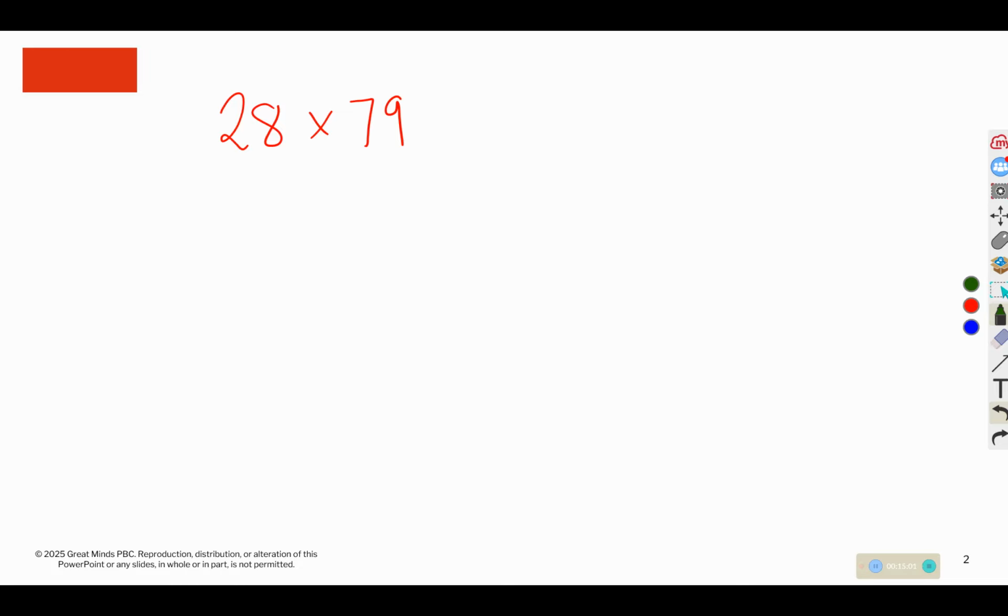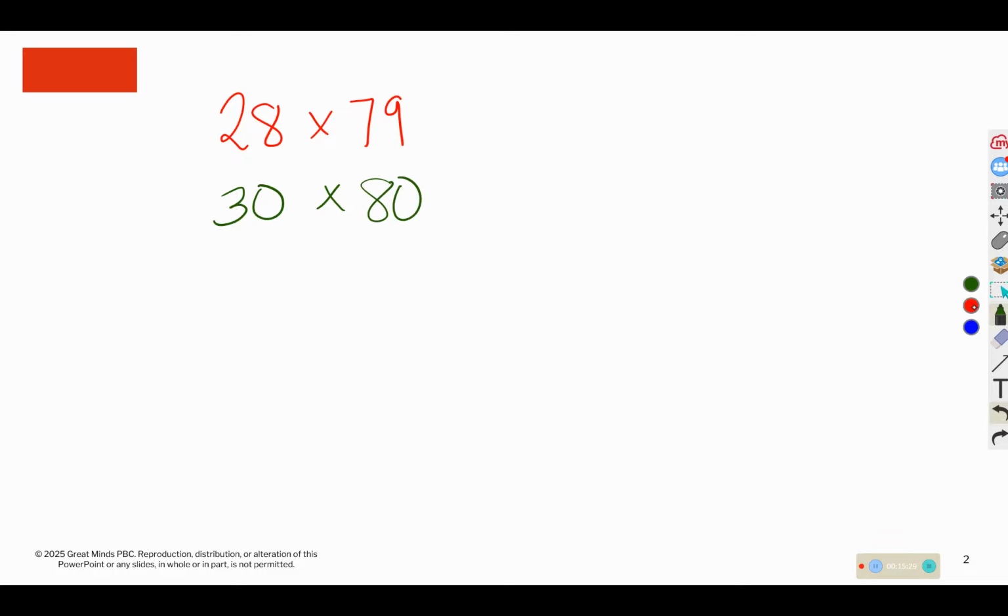So instead of using 28 and 79, we could estimate the product by rounding these values. And it's helpful to round these values to multiples of 10, so that way we can use the strategies from the previous lessons. So I'm going to round 28 to say that it's about 30, and 79 is approximately 80.